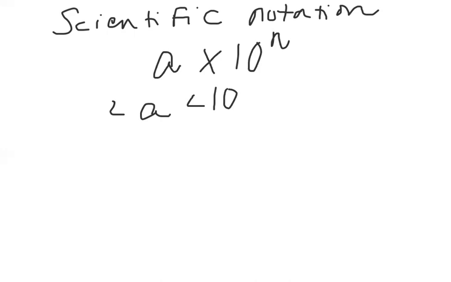In other words, guys, when you write scientific notation, the a value must have 1 non-zero digit in front of the decimal. So make sure, guys, that you only have 1 non-zero digit in front of the decimal. In other words, that number needs to be between 1 and 10.